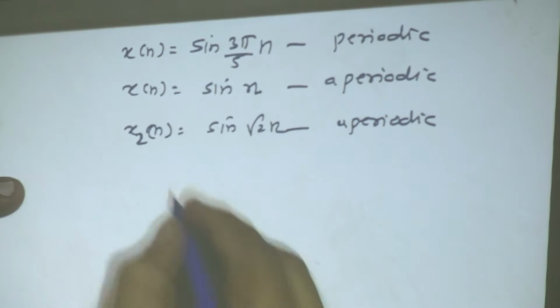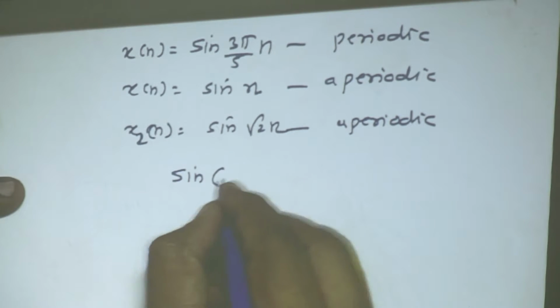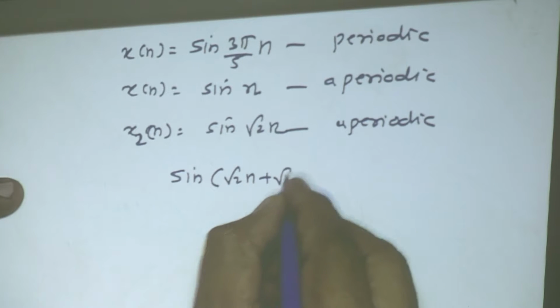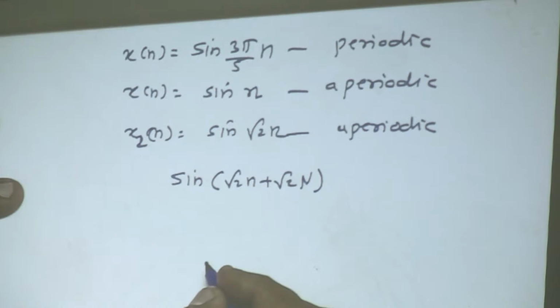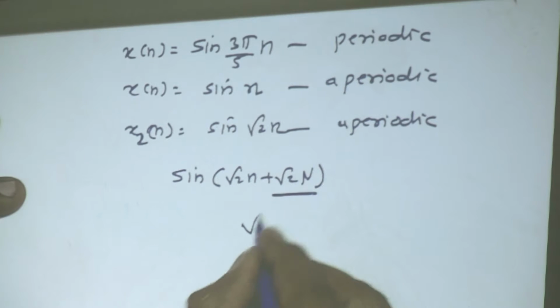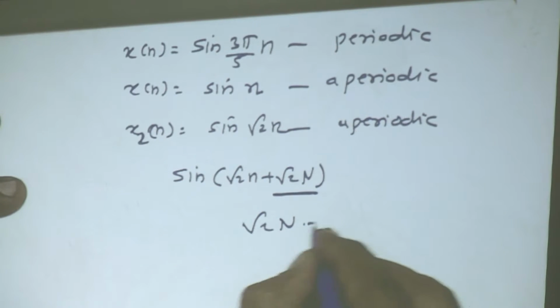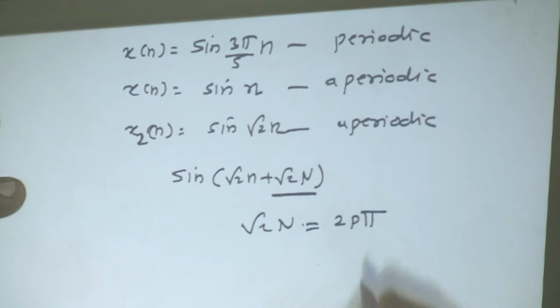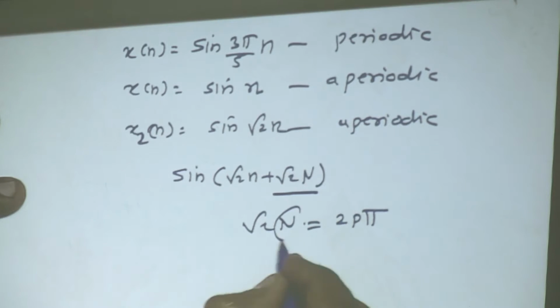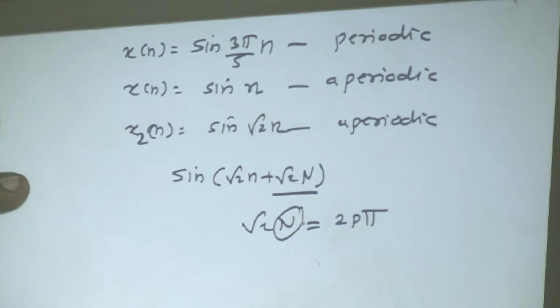Sine of root 2 n. You have to check sine of root 2 n plus root 2 into capital N. Root 2 multiplied by capital N, if it is equal to 2 p pi, then whatever value of N you get, if it is an integer, the signal will be periodic.